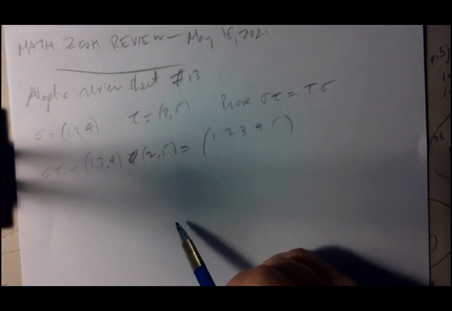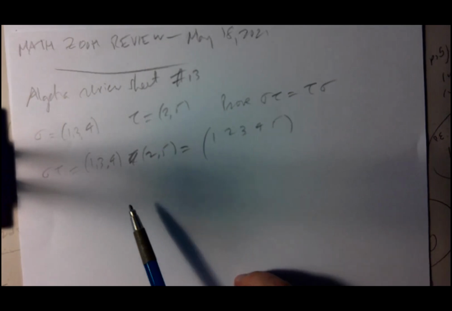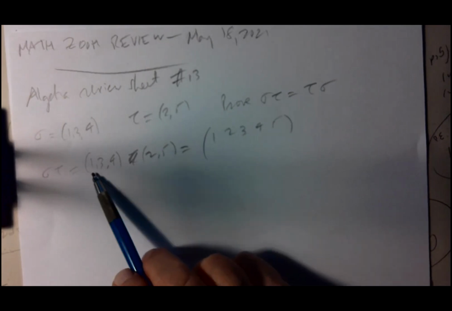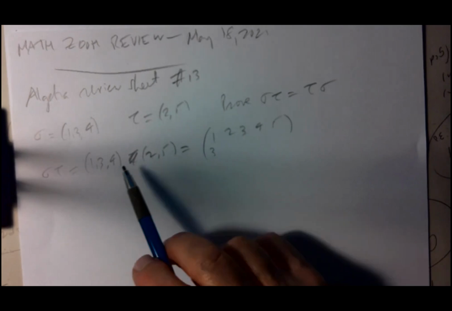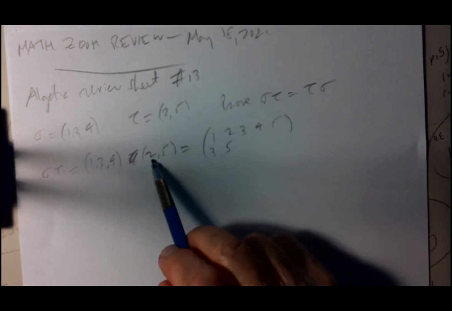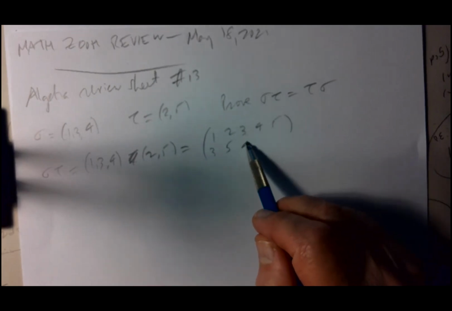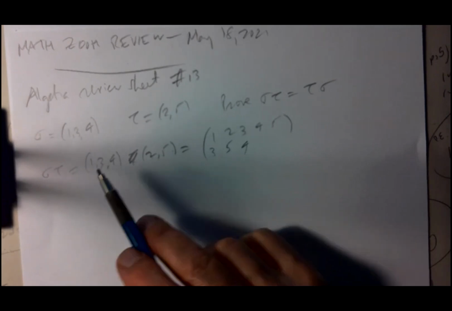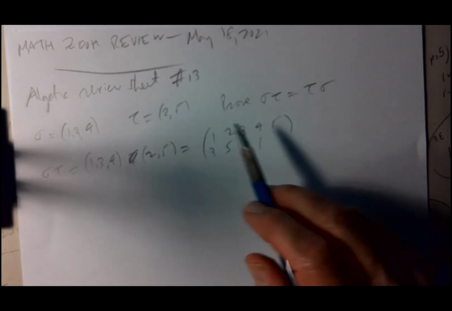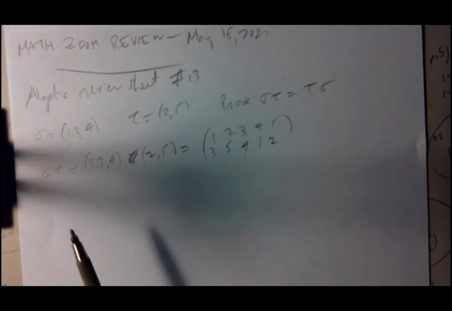Let's write down the standard form for the permutation. 1 goes to 1 goes to 3, 2 goes to 5 goes to 5, 3 goes to 3 goes to 4, 4 goes to 4 goes to 1, 5 goes to 2 goes to 2. So that's sigma tau.